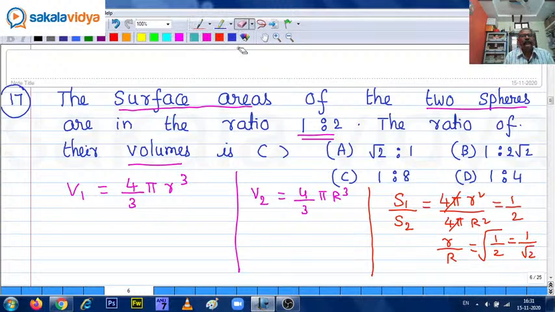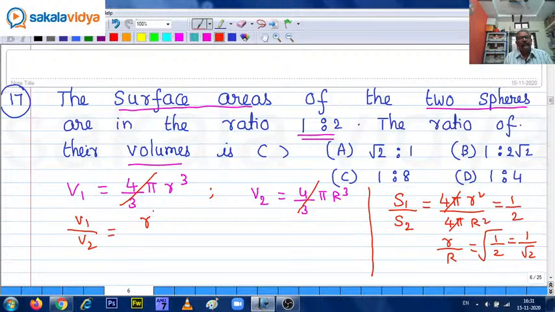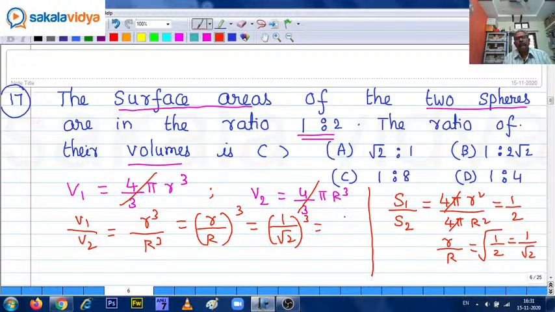So now we need to find the ratio between these two, V1 by V2. This gets cancelled, so we get r cube by capital R cube. This we can write as small r by capital R whole cube. This is 1 by √2 whole cube. 1 cube is 1, √2 whole cube means √2 into √2 into √2. √2 into √2 is 2, so 2√2.